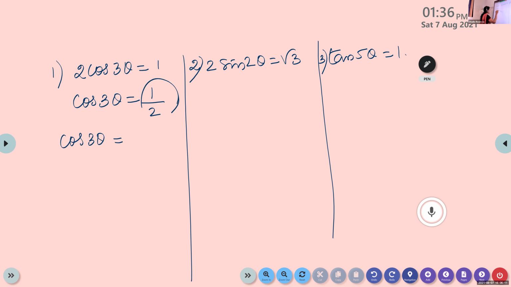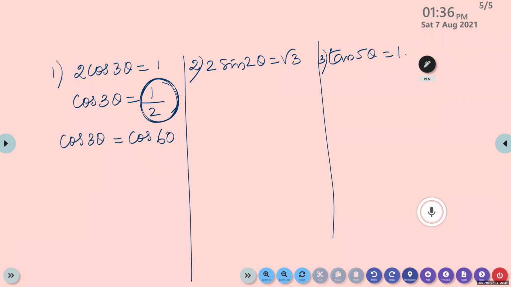For this 1 by 2, how can we replace it in terms of cos? Cos of dash is 1 by 2. Cos 60.